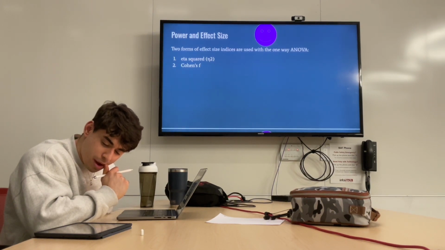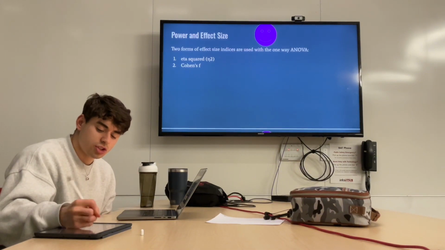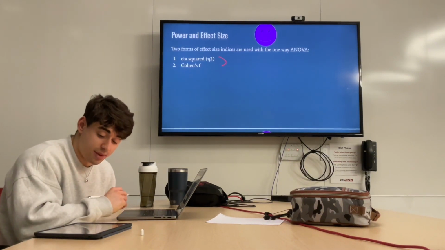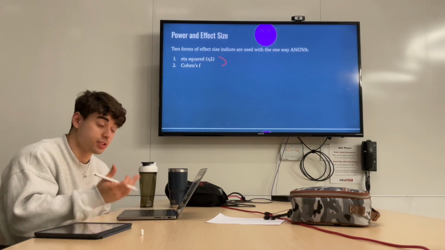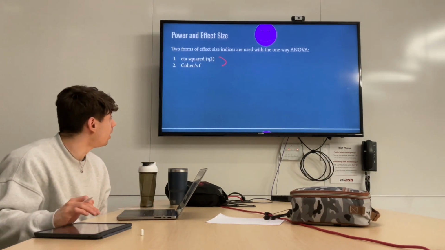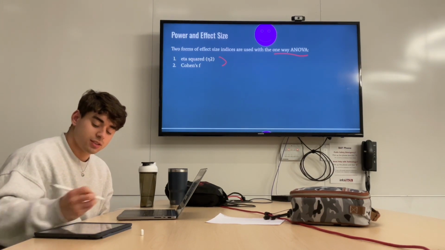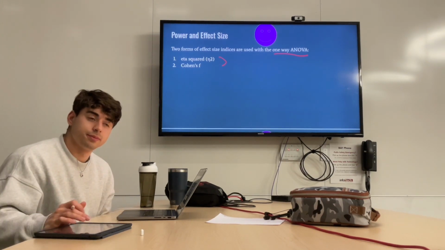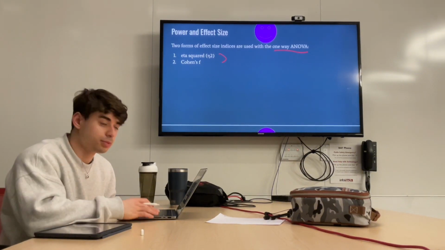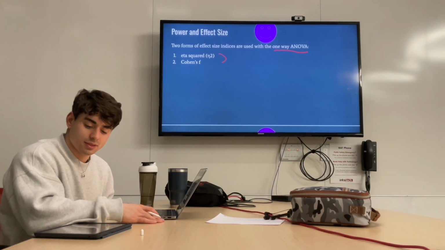No, keep it in. For power and effect size, they use these. She's not gonna ask us how to do the math and all that, so just know this. Just know this. Two forms of effect size. With one-way ANOVA, the effect size is eta squared. It's how effective the treatment is.